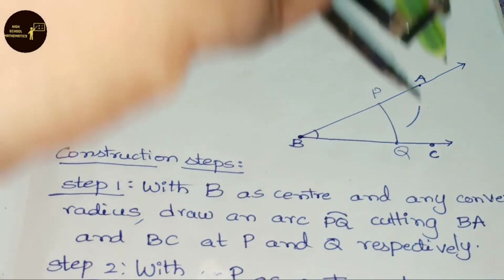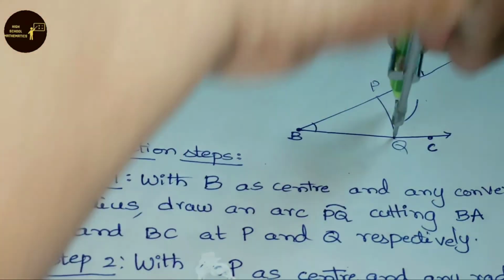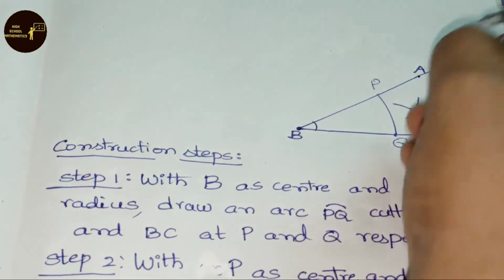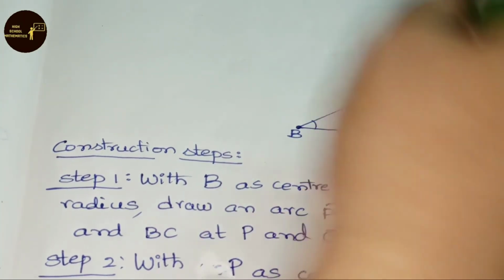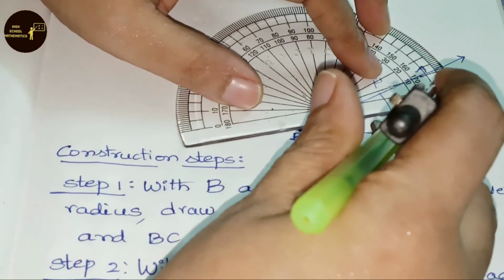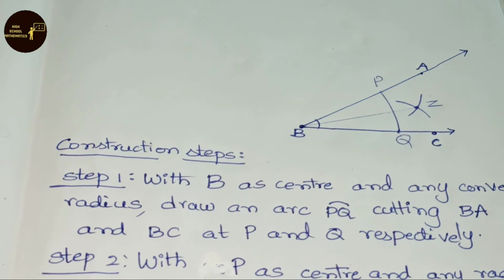With same radius, we are going to draw another arc with Q as center. Now let the intersecting point be Z. Let us join BZ. Now we have drawn bisector.